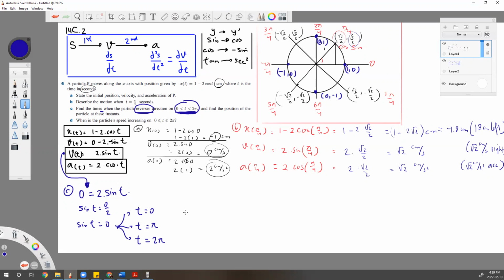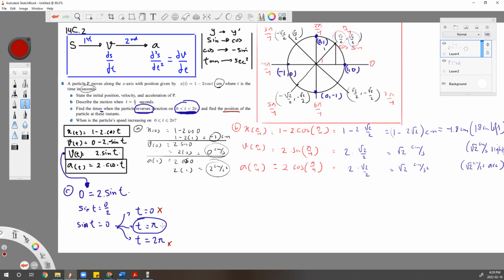Find the times. It is plural. No, it's singular, because when t equals 0, sine t equals 0 is only one possibility, since the others are eliminated. So you need to find the position.